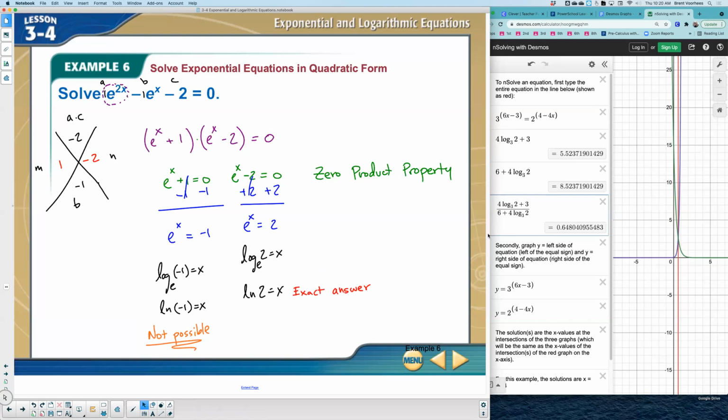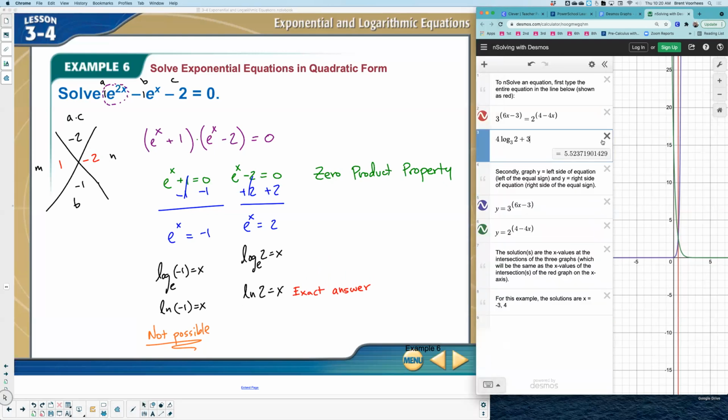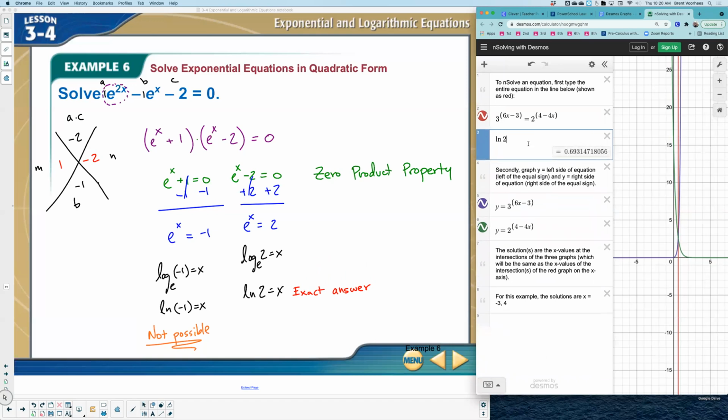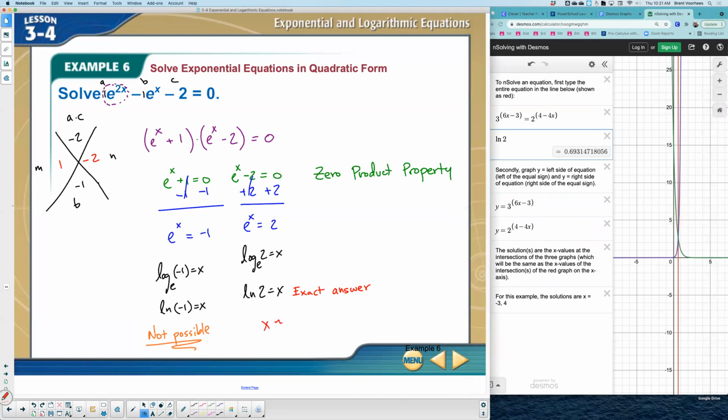So let me switch over, put that as the exact answer there. We'll type in the calculator to see what that value is. This value is ln of 2, which if I round to the nearest hundredth, like most of the answers previously, I would say it's 0.69 this time.